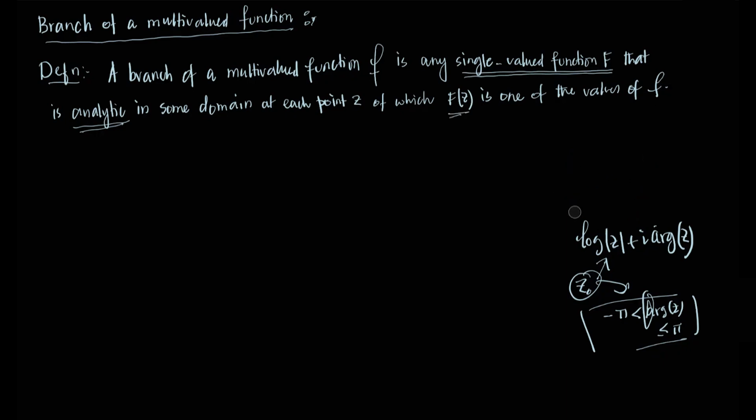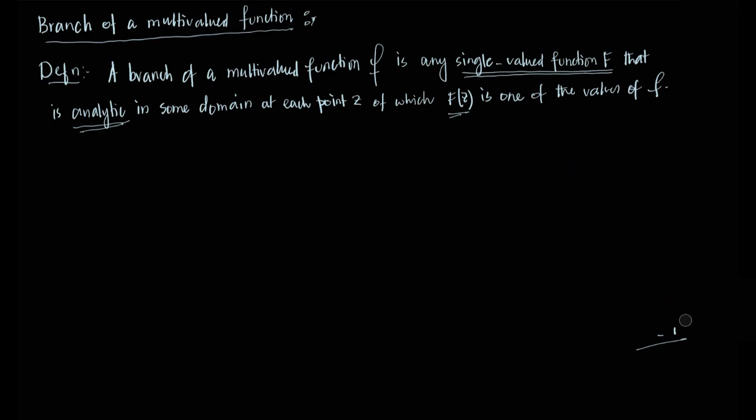Okay, so let me give you a proper example with this log. Let me just write it down. Example: if you take the principal log of z, what is it? This is nothing but the real log of r, where r is mod z, plus i times theta, right? And what is r? r equals mod z, which is greater than 0. This is by definition, we already know.